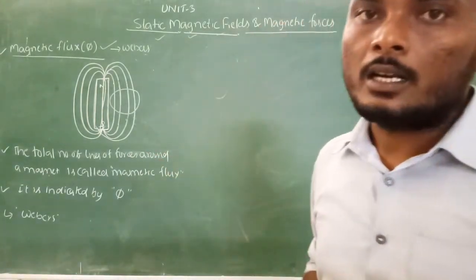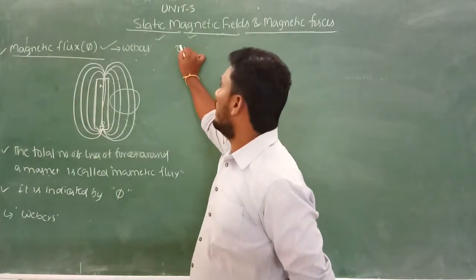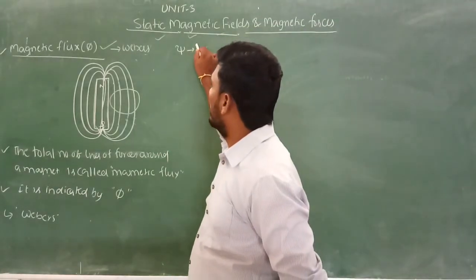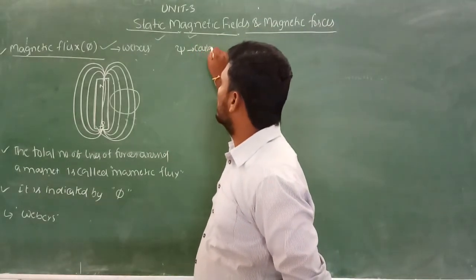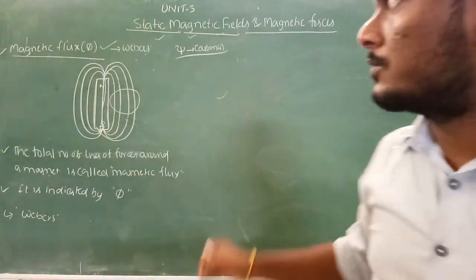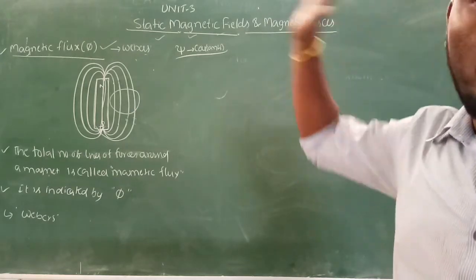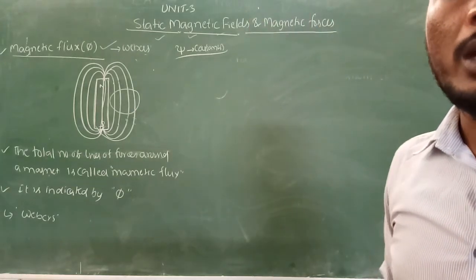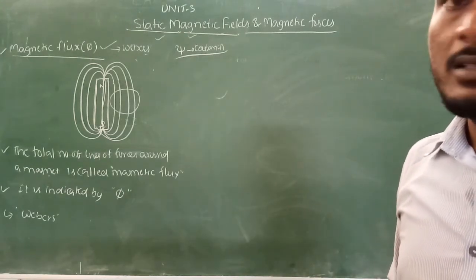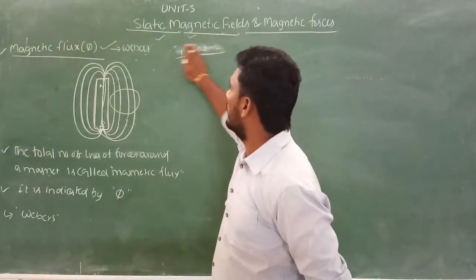In electrostatics, how do you represent the electric flux? The electric flux is represented by psi, and the unit of electric flux is coulombs. Okay. Now, in this unit, you always have to compare each and every definition with electrostatics, so that you can understand electromagnetic fields. Otherwise it is a little bit difficult. Okay, so this is about your magnetic flux.